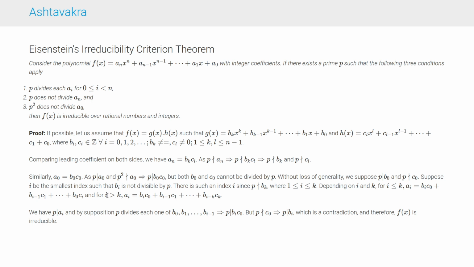And for i greater than k, a_i is equal to b_i c0 plus b_(i minus 1) c1 plus so on up to b_(i minus k) c_k. Now we have that p divides a_i, and by supposition p divides each one of b0, b1 up to b_(i minus 1), which implies that p divides b_i c0. But p does not divide c0, which implies p divides b_i, which is a contradiction, and therefore f(x) is irreducible.